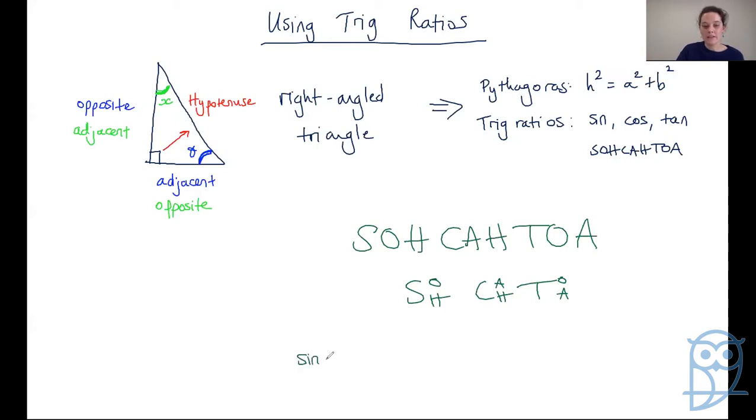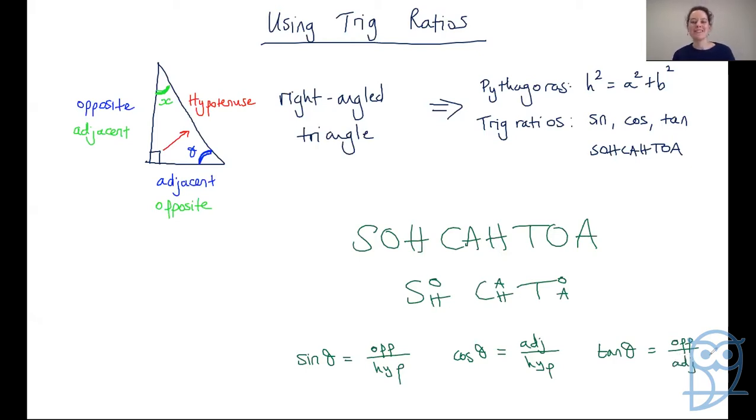Sine theta equals opposite over hypotenuse. Cos theta equals adjacent over hypotenuse. And tan theta equals opposite over adjacent. So tan is the odd one out. He doesn't involve the hypotenuse.